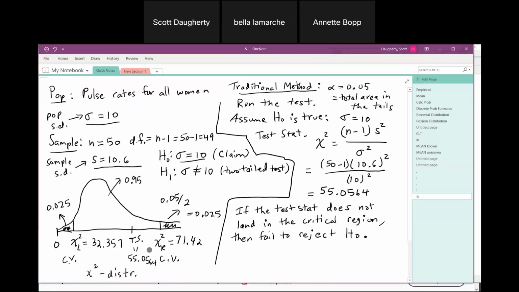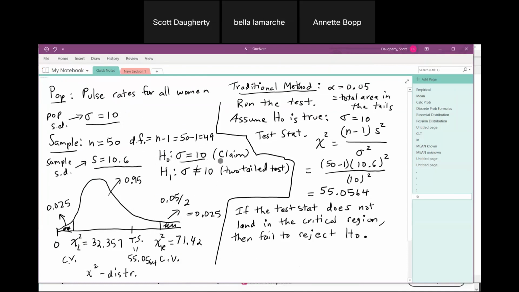If my statistic had gone past 71.42, then that's when I would say that the sample standard deviation is too far away from 10, and then I would actually reject this null hypothesis, which says that sigma is equal to 10, which is my assumption. So I failed to do that, okay?